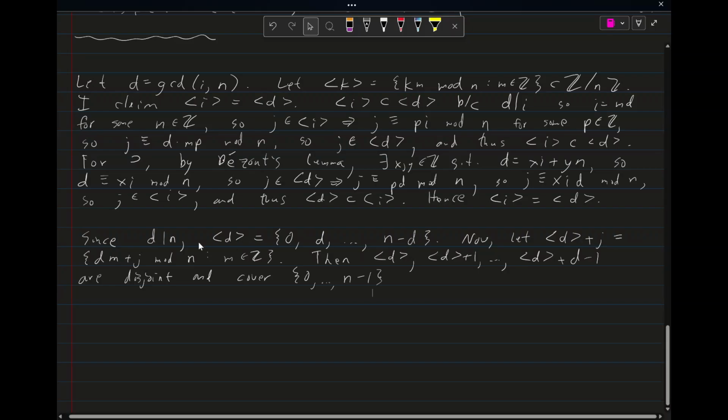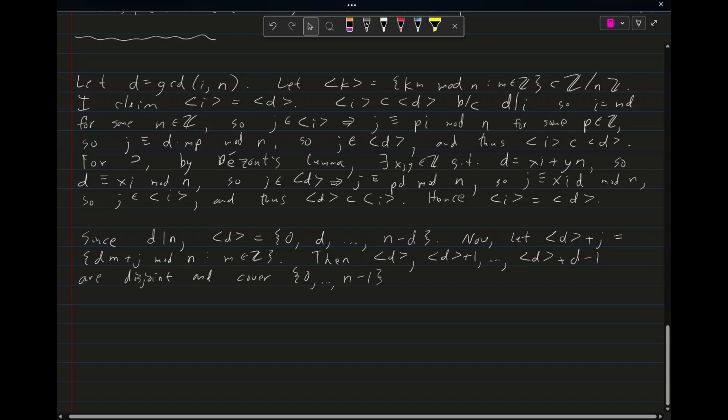Just really quick here, d divides n means that there is some integer m such that d times m equals n, and so this final index here will be m minus 1 times d. Because if you were to go further, you would get to md, which is equal to n, and mod n, that gives you 0. So these sets are disjoint because if you take any two of them, the remainder after dividing by d is going to be equal to whatever this additional translation is.